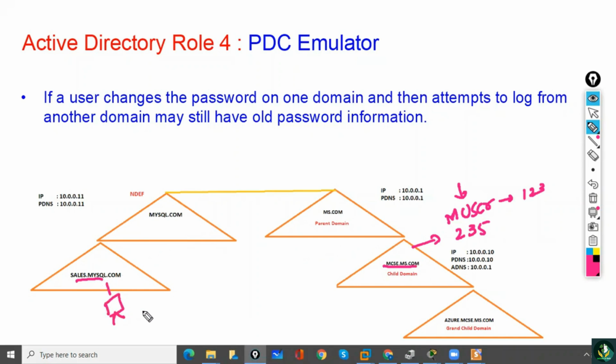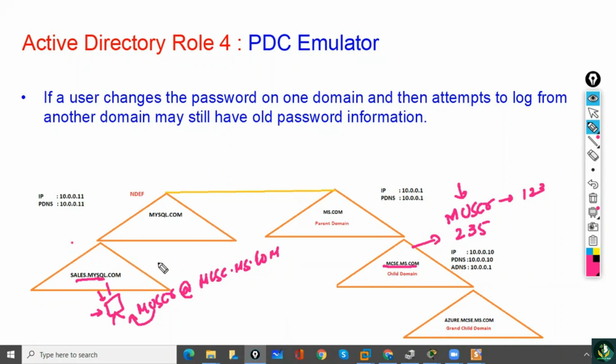So he will go to this computer and he will enter the username like this: muser@mcsc.ms.com. Okay, so this PC doesn't know about the new password. He has changed the password and he tries to log on to the computer of sales.mysql.com and enters the username and password. This domain doesn't know the new password.